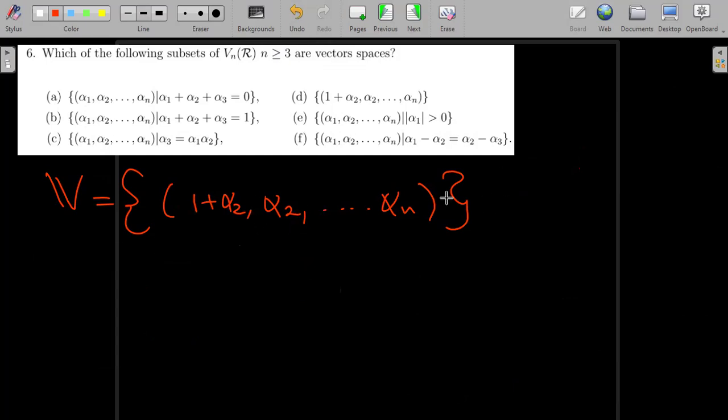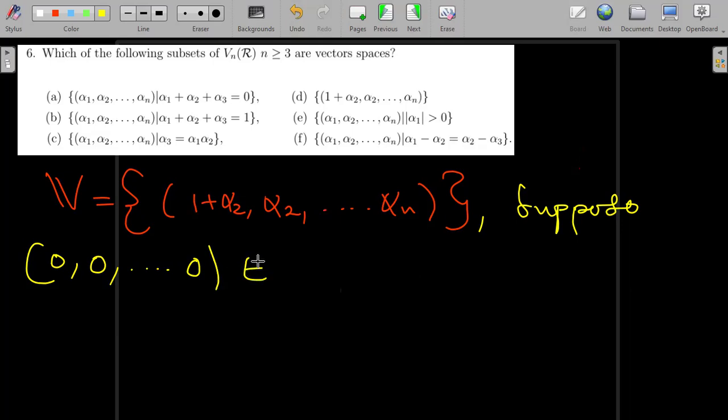So the first thing is to prove if the zero vector is there. So we're going to say suppose 0, 0, dot dot dot 0 is a member of this V. Then that would mean that this part is 0, even this part is 0, even this part is 0.